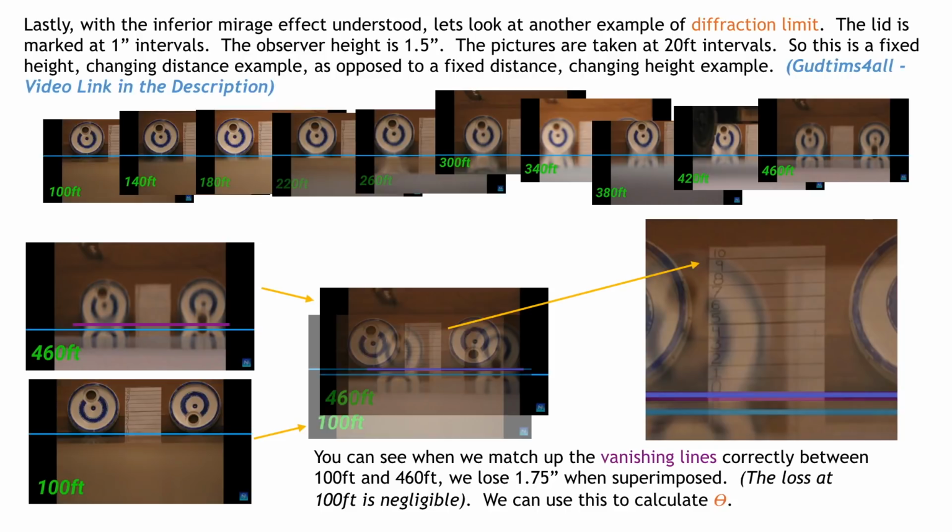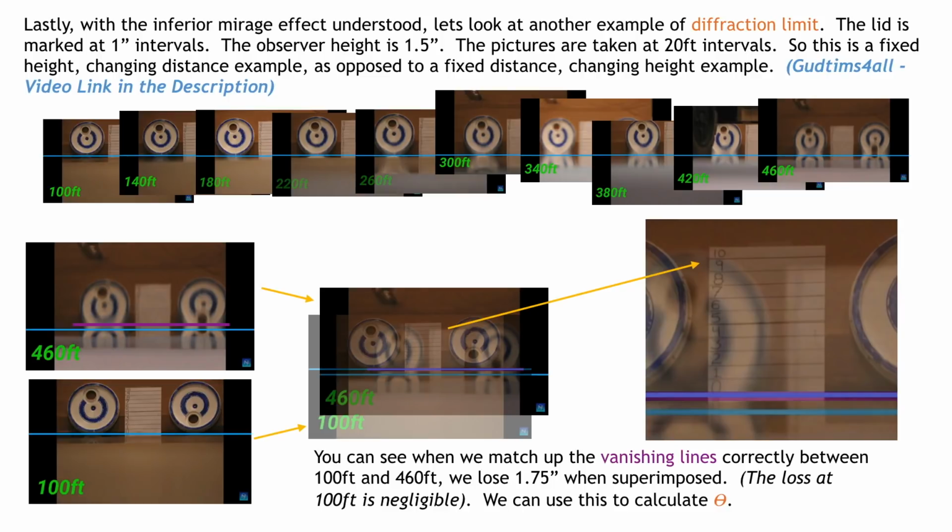So this individual put a piece of paper acting as a ruler up against these two lids, and you can see that from the 10 and 9 mark on the picture on the lower right, those all represent an inch.